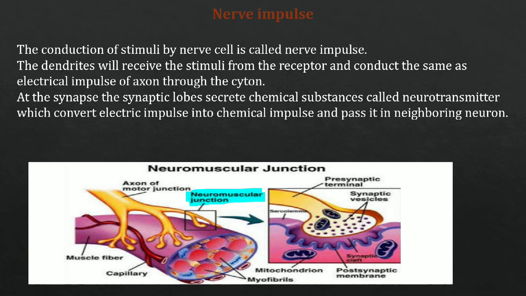Then at the synapse, the synaptic lobes secrete a chemical substance called neurotransmitter. Neurotransmitter is a substance which converts the electrical impulse into a chemical impulse and passes it to the neighboring neurons.